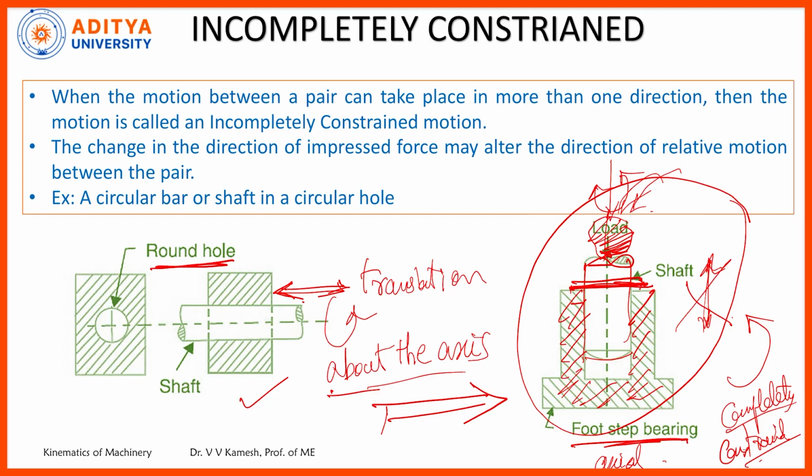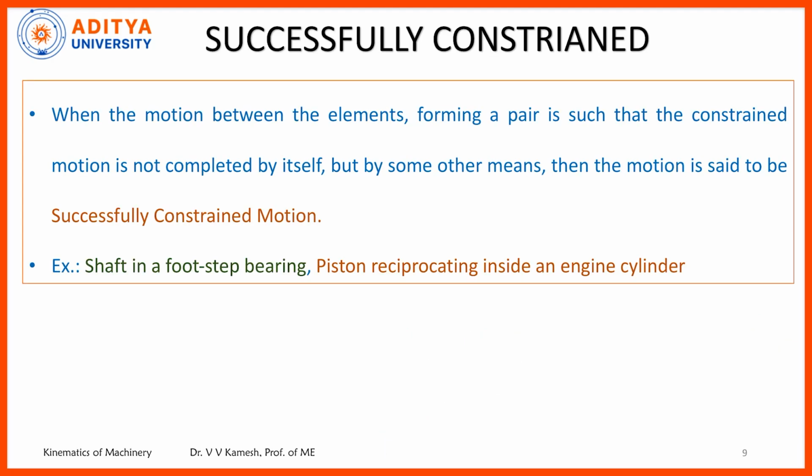That's why instead of completely, I need to call it successfully. If it is by virtue of its geometry or the position, it is completely constrained. But just like in the earlier case, if it is round and I am putting the collar, then it is successfully constrained, right? Now we will discuss one by one.